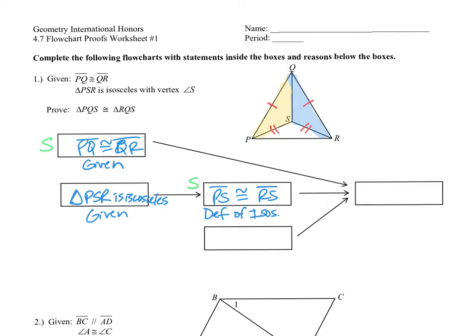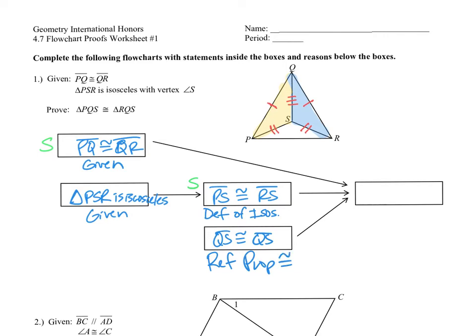So I'm two-thirds of the way to getting the yellow triangle congruent to the blue triangle. The third part is going to be the side that the two triangles share, segment QS. I can say that segment QS is congruent to itself, and the reason is the reflexive property of congruence, which says every segment is congruent to itself.